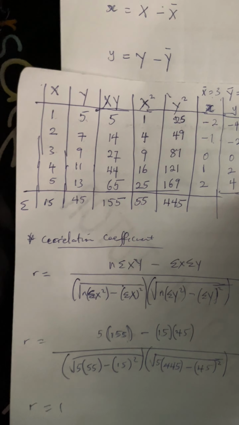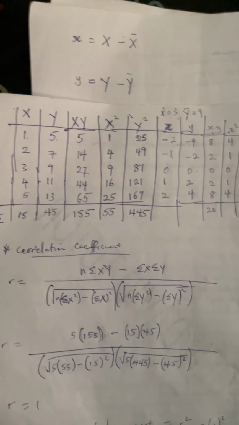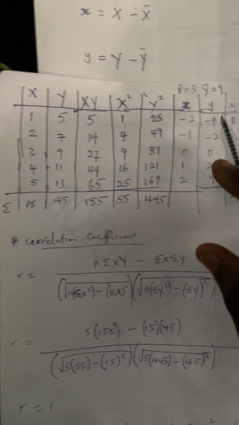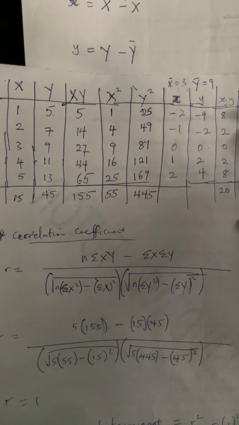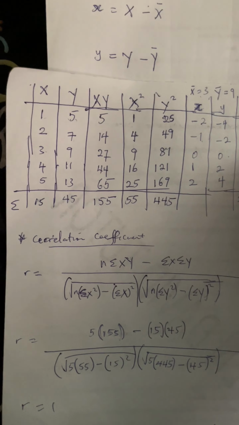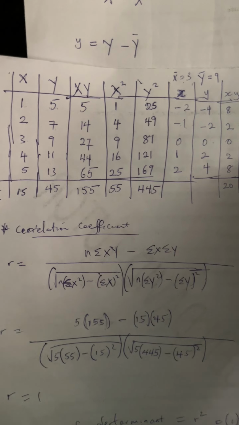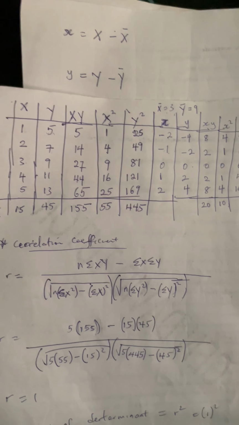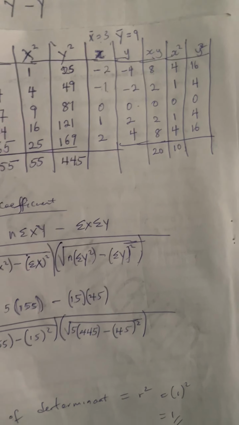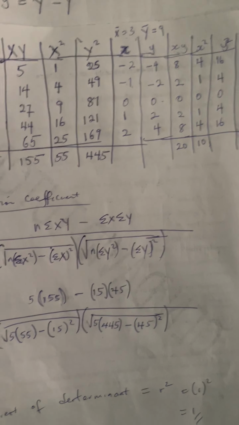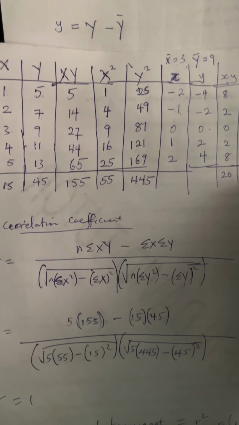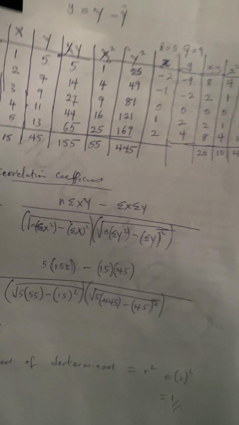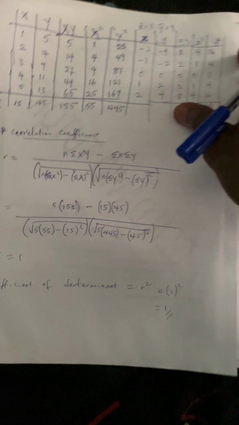Then 2 square will give us 4. Now summation of this will be equal to 10. Now y. Minus 4 square will give us 16. Minus 2 square will give us 4. 0 square will give us 0. 2 square will give us 4. 4 square will give us 16. Now summation of y square here will be 40. Now, we need to use this data.